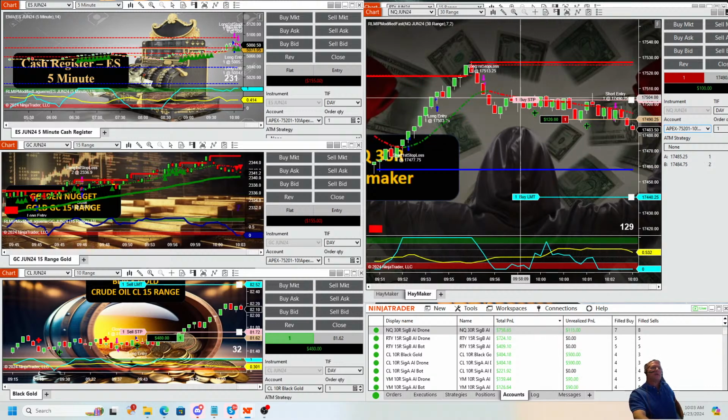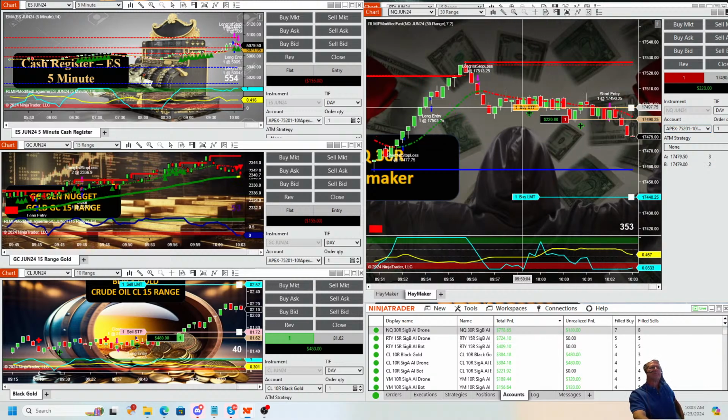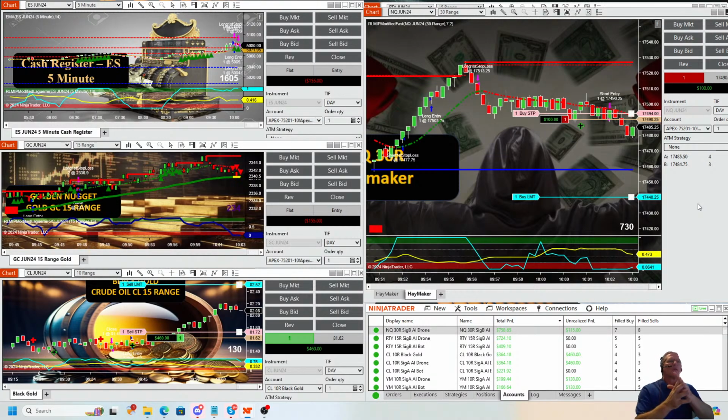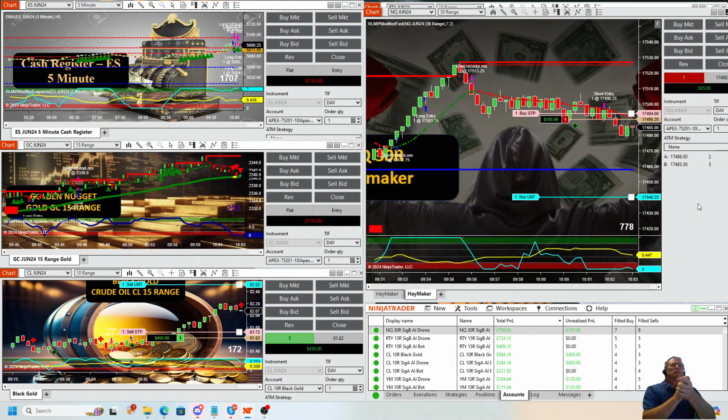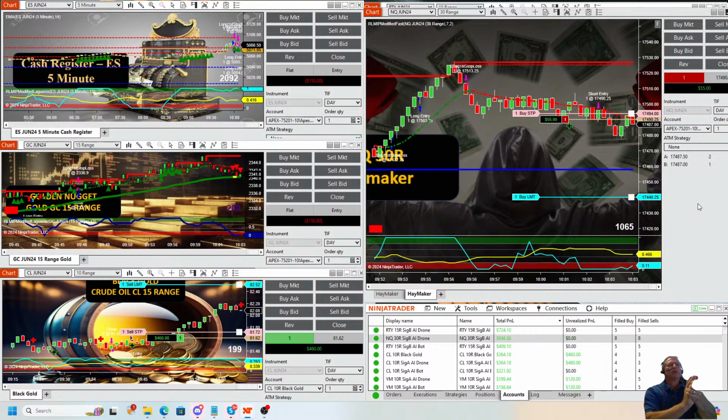I don't have my trailing stop on. Yeah, when I built the duplicate of the NASDAQ, it didn't have the trailing stop on there. So I need to fix that.